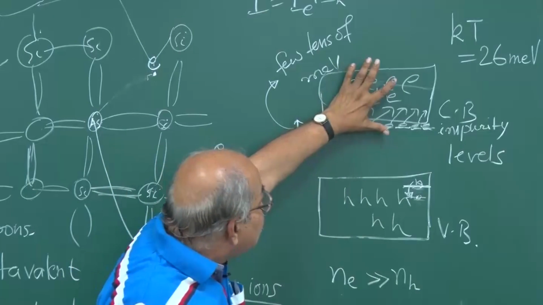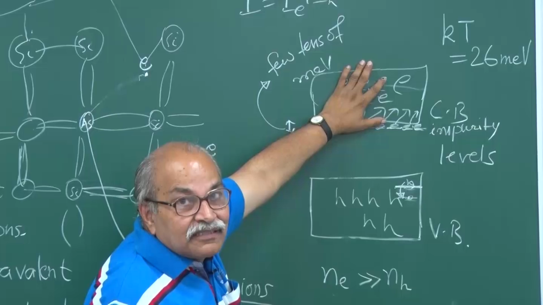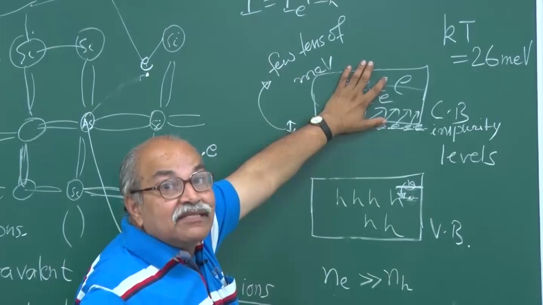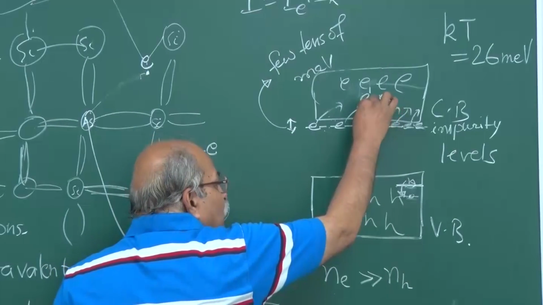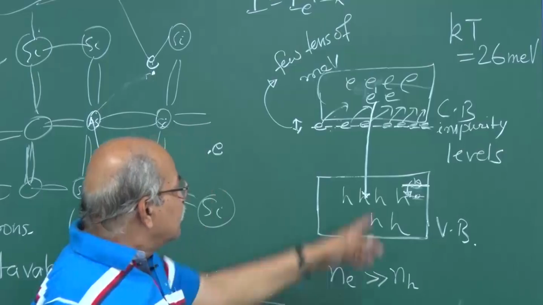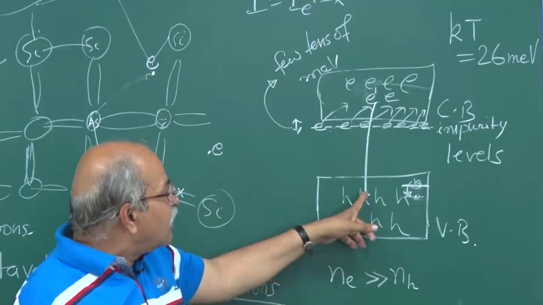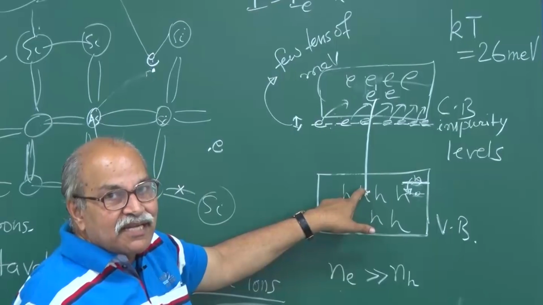But if you have a much larger number of electrons here, you have increased the number of electrons, then the probability that one electron goes and fills this hole and this pair is destroyed, this electron just goes and sits in this quantum state.